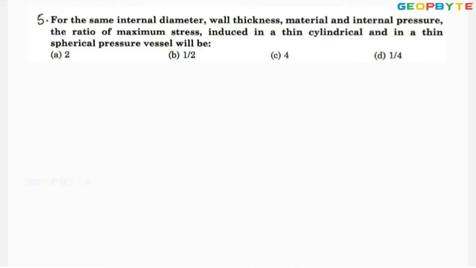Look at the fifth problem. For the same internal diameter, wall thickness, material and internal pressure, the ratio of maximum stress induced in the thin cylindrical and thin spherical pressure vessel will be.